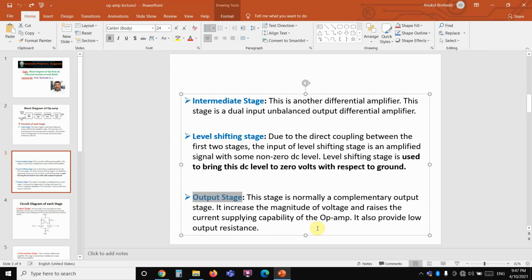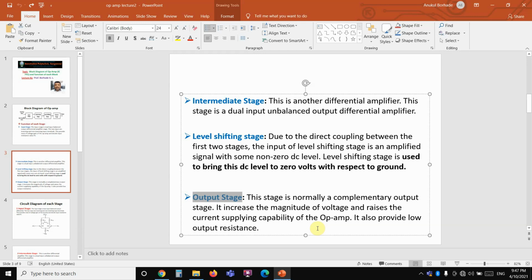Means in this stage there is one input and one output, but the input is applied simultaneously to the two transistors. Depending on that, these two transistors conduct alternately.